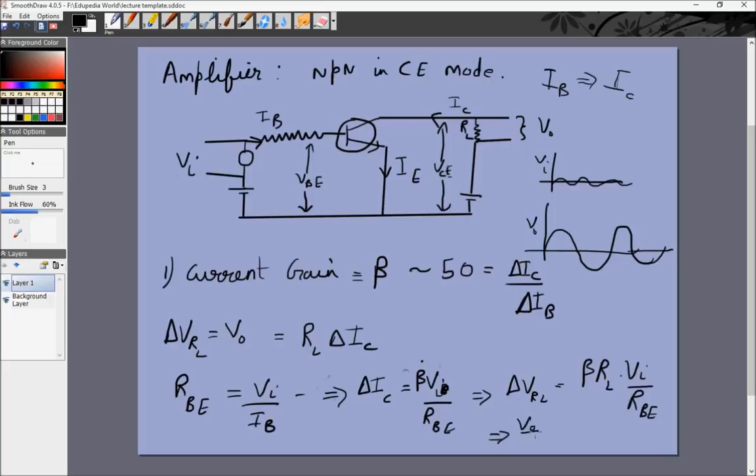So what is V0 by VI? That is equal to beta RL by RBE, and this is what is called the voltage gain. This is the current gain beta, this is the voltage gain.